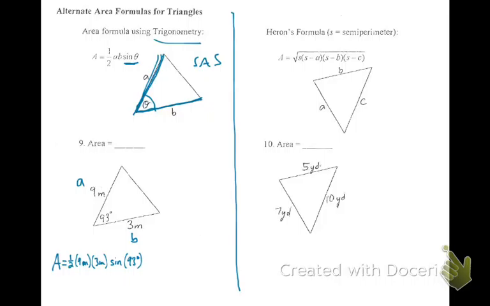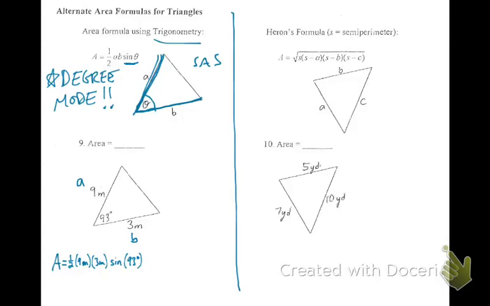Now you can just go ahead and type that entire thing in. Make sure, though, before you do this, that you are in degree mode. Plug that into your calculator and see what that gives you once you're in degree mode.